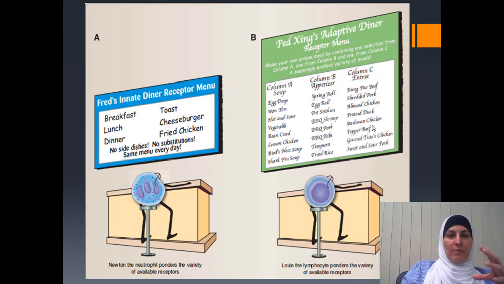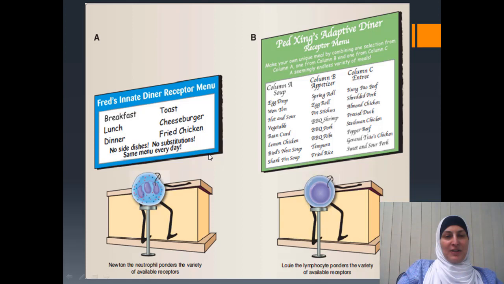So just to make things easier, we study each part separately, but at the end, when we finish studying each part, we will know how the whole process takes place. I like this cartoon. It just presents the difference between the innate immunity and the adaptive immunity.